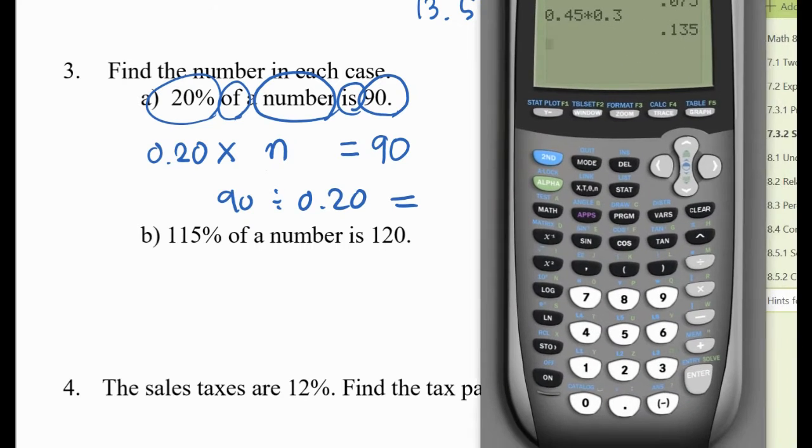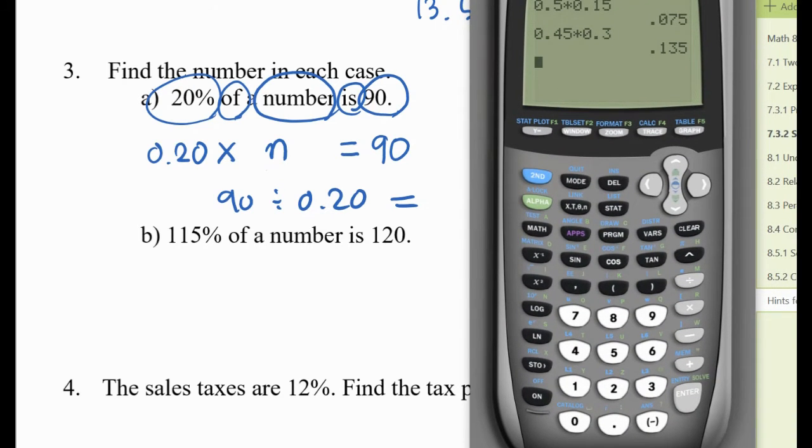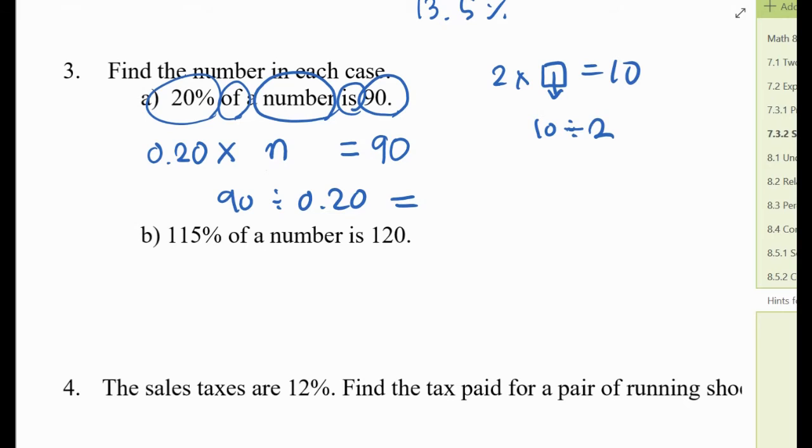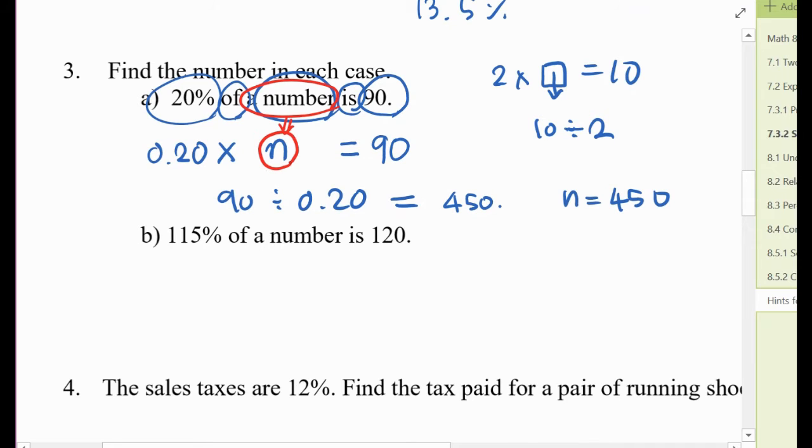And that is 90 divided by 0.2, 450. So the answer is 450. So n is 450. Okay, so you have to mention that we're going to let the number be n.